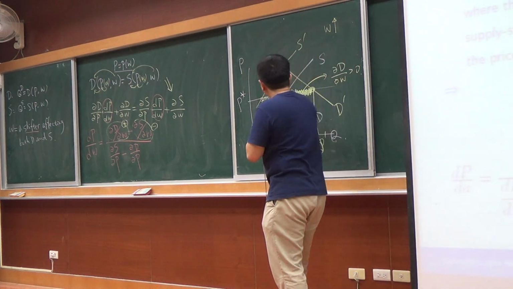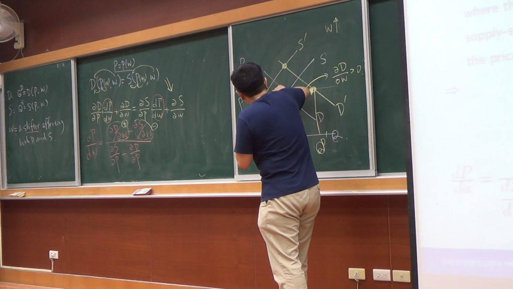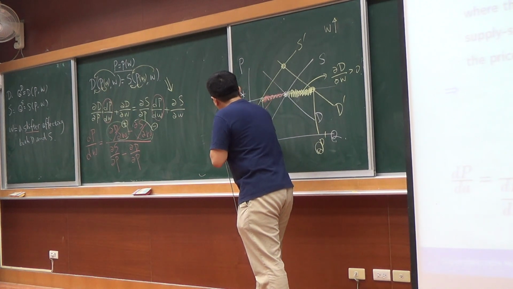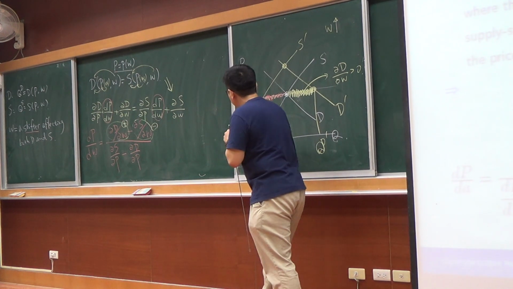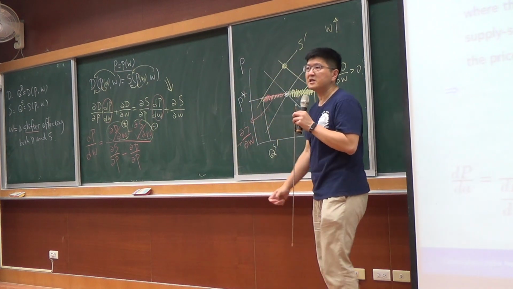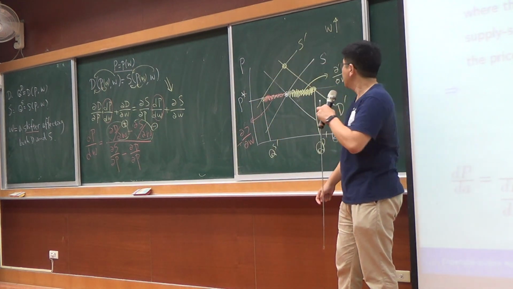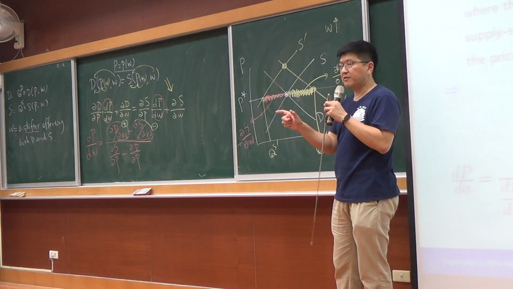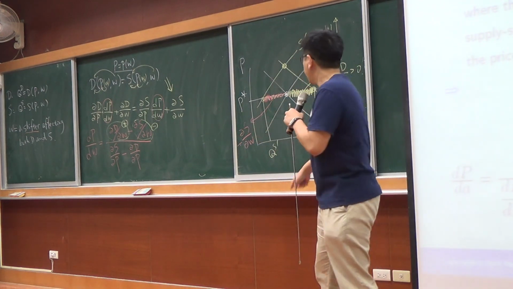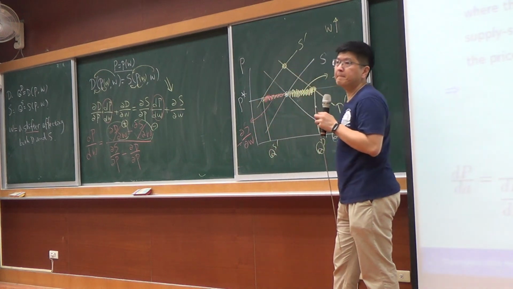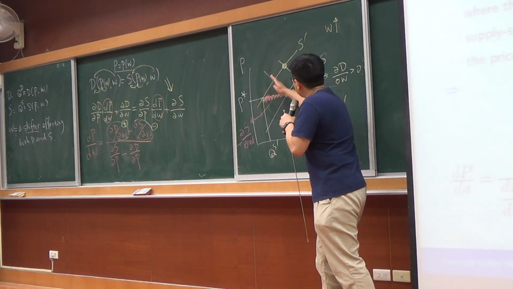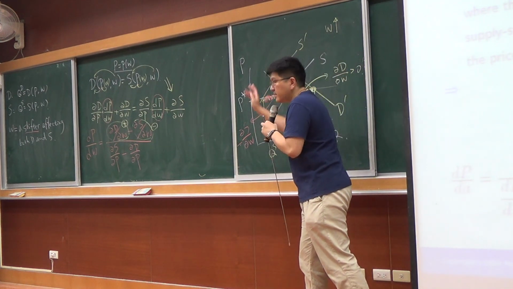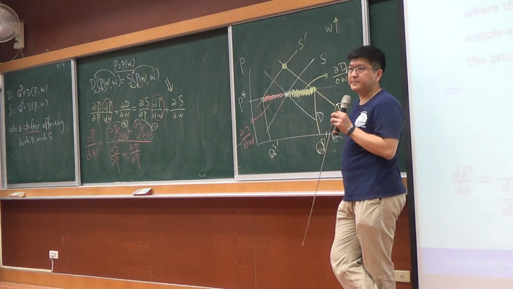And this part corresponds to negative partial S, partial W, because we assume it to be negative, right? So you add these two lengths together as a total gap caused by the shifts in the demand curve and supply curve.